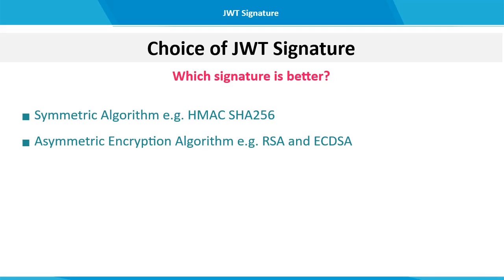It is also possible to use an asymmetric configuration with a private key owned by the server and a public key used by the user to sign the token. This means anyone can sign a token with the public key.